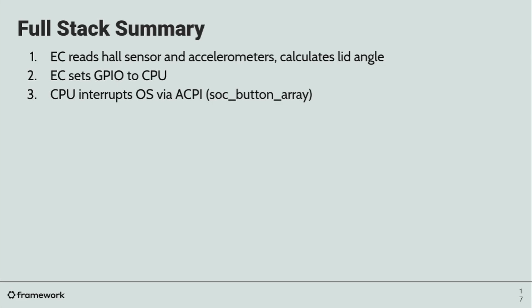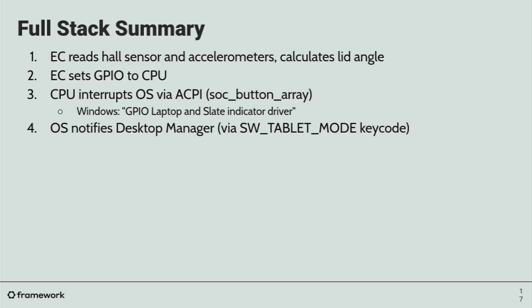We saw the ACPI earlier. If this GPIO is set, the OS gets interrupted. On Linux, that's the name of the driver. On Windows, the laptop and slate driver. And then this ACPI driver notifies the desktop environment.